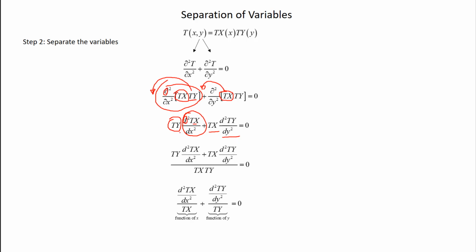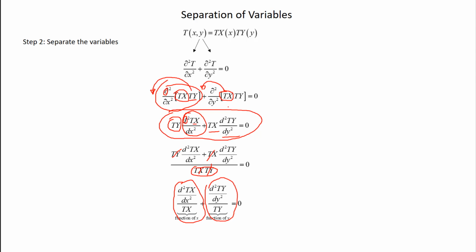The next thing I do is I'm going to take this whole big thing, this mess here, and I'm going to divide it by the product of T_x times T_y, right? So that's what I did here. I divided by T_x times T_y. And what you can see then is for this first term, the T_y terms cancel out, and I'm left with this. And for the second term, the T_x terms cancel out, and I'm left with this, right?